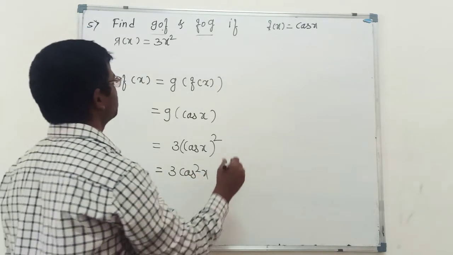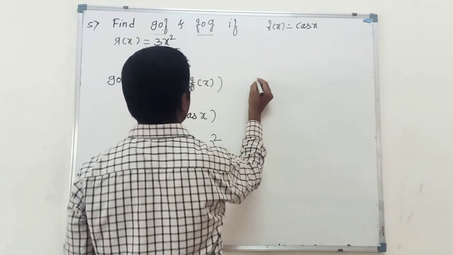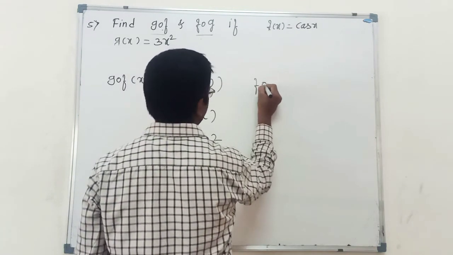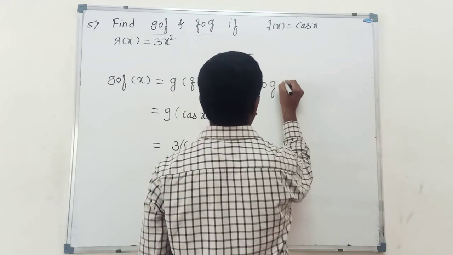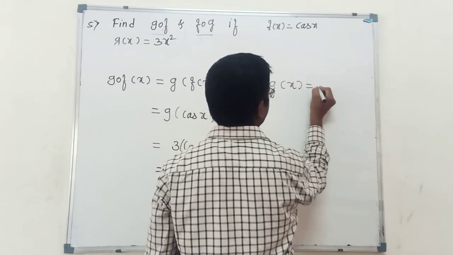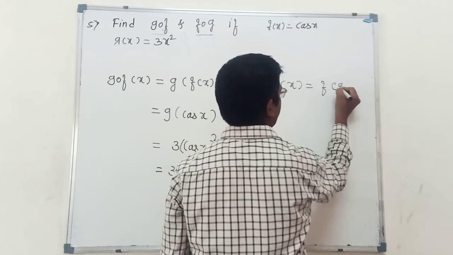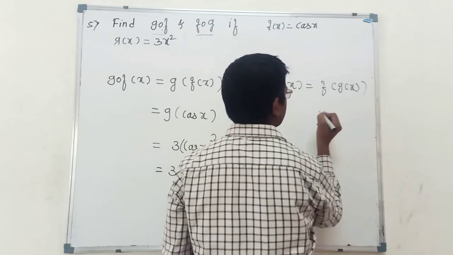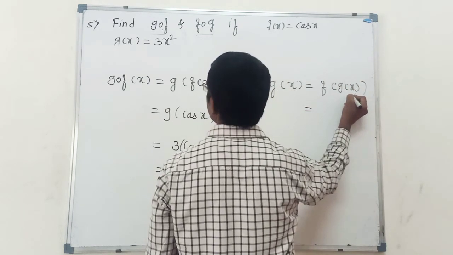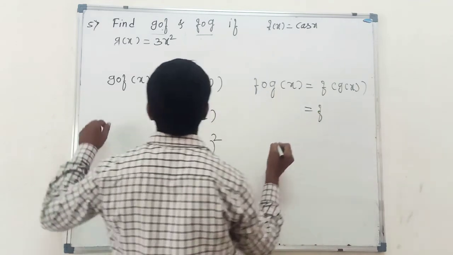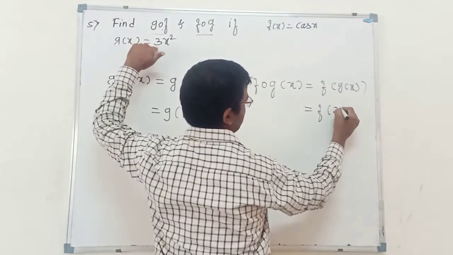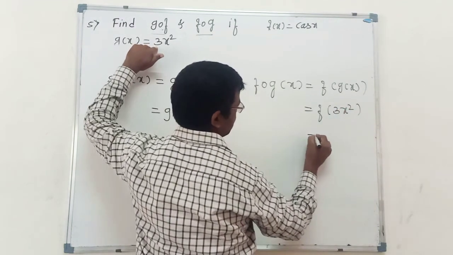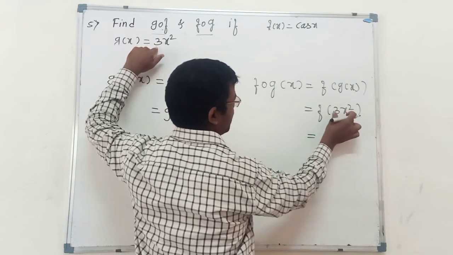So next we come to f composition g. F composition g of x is equal to f of g of x. So f of g of x, what we have? G of x means 3x square. So f of 3x square.